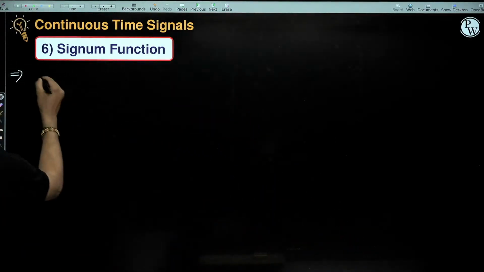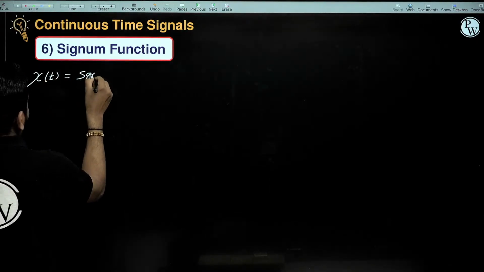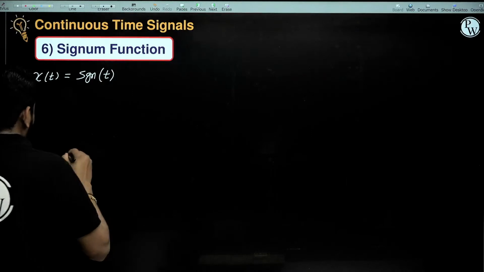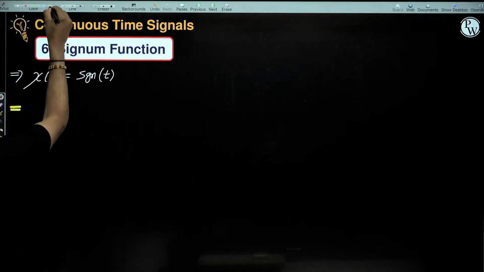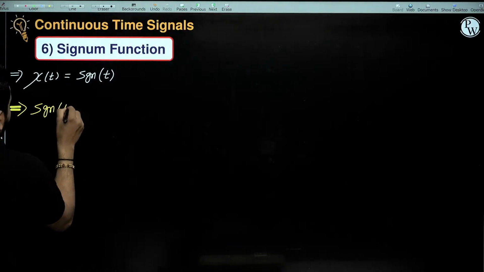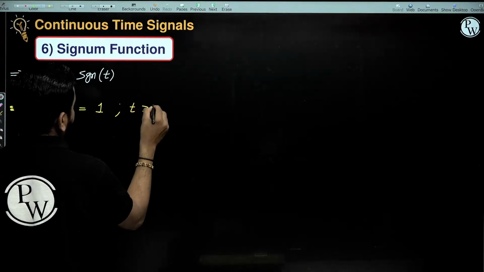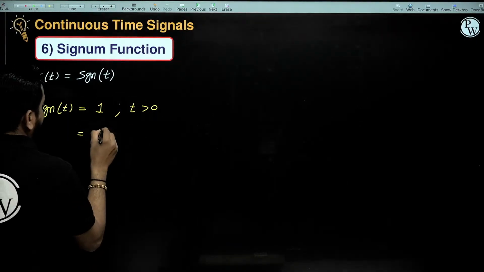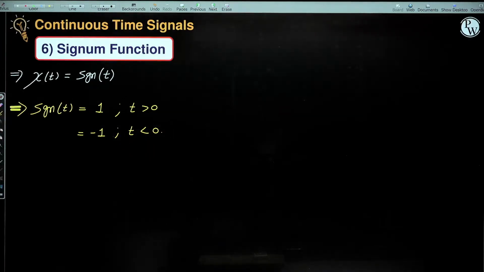So x of t is equal to SGN of t, the short form. SGN of t is equal to amplitude 1 for t greater than 0. Amplitude is minus 1 for t less than 0, and at t equal to 0 there is a sudden change in amplitude.